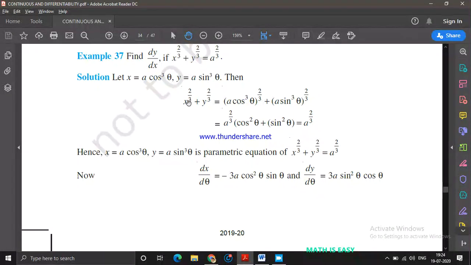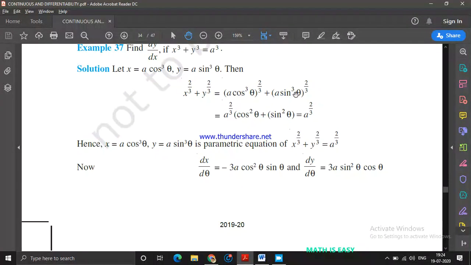When I substitute, x value is a cos cube theta whole to the power of 2 by 3 and y value is a sin cube theta whole to the power of 2 by 3. Now this is a power m whole power n. The formula is a to the power m into n. So this 3 and 3 will get cancelled, so you have cos square theta, and here also 3 into 2 by 3, the 3 will get cancelled. That will be sin square theta.